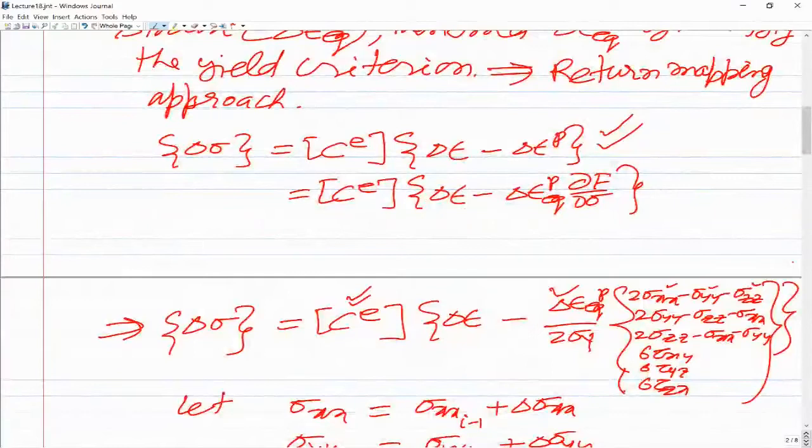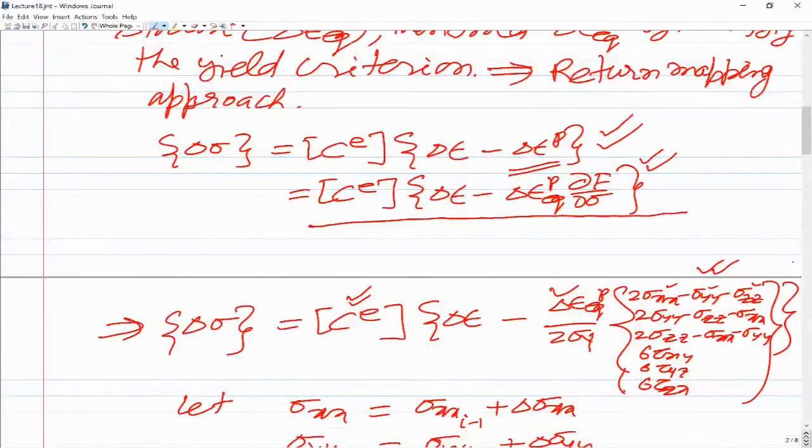The del F by del sigma, with alpha, doesn't come here when we write this relationship, or when we write del epsilon P. That comes when we write the expression for dF, where F is the yield function. While calculating del F by del sigma xx, the expression we got was 3 by 2 times sigma yyD minus alpha yyD, which was the case of kinematic hardening. So you are right that up to here it is valid for either isotropic or kinematic hardening.